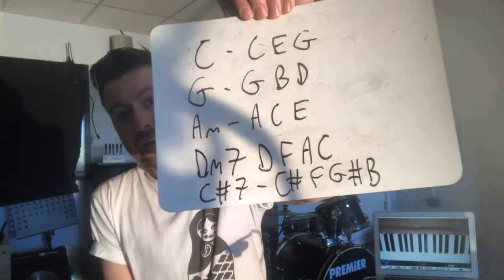There are 2 notes in this chord, C sharp and G sharp, which are non-diatonic notes, meaning they're not in the key of C. But you can make non-diatonic notes work by using them chromatically.